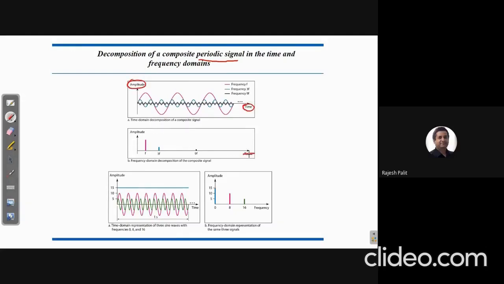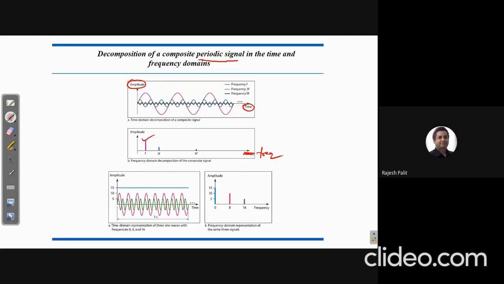So it should be frequency, it's wrong. Frequency domain, amplitude. Here the pink color has less frequency, as you can see the cycle length is larger.